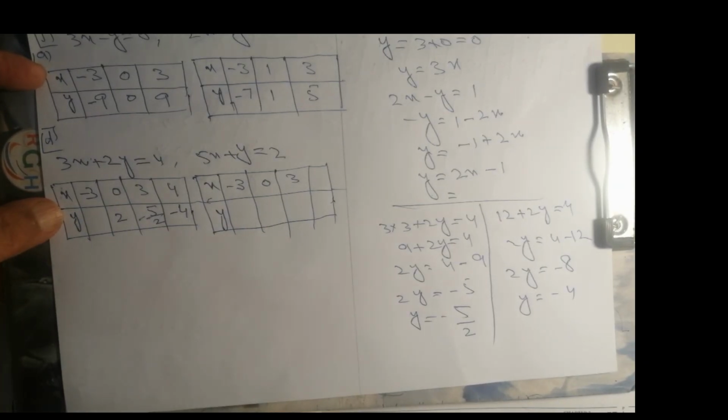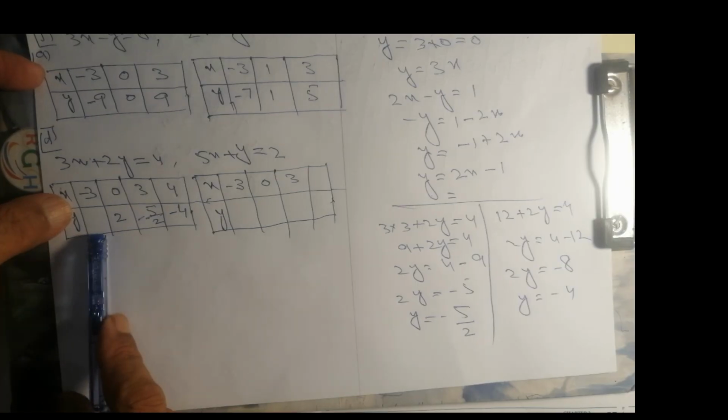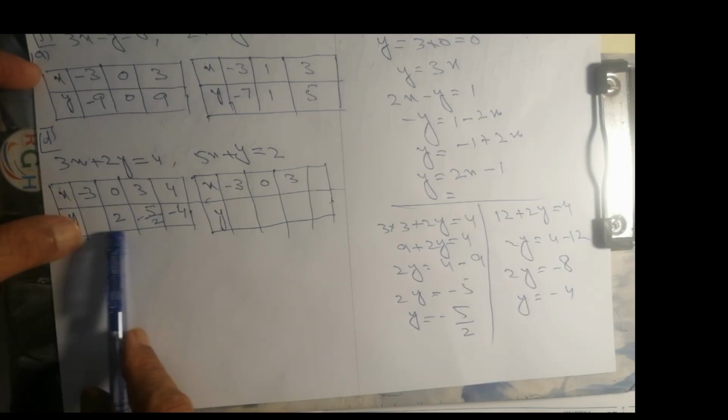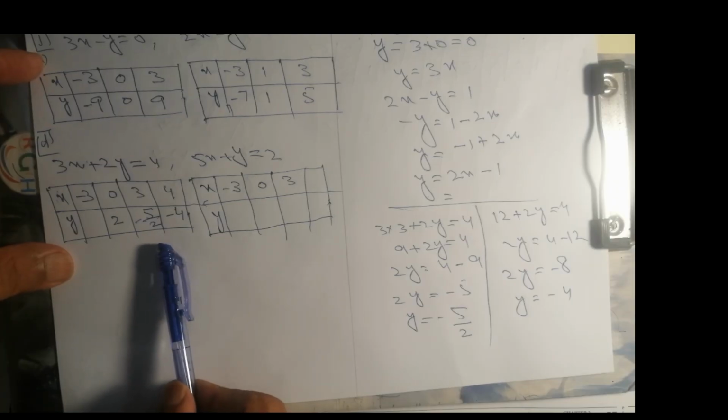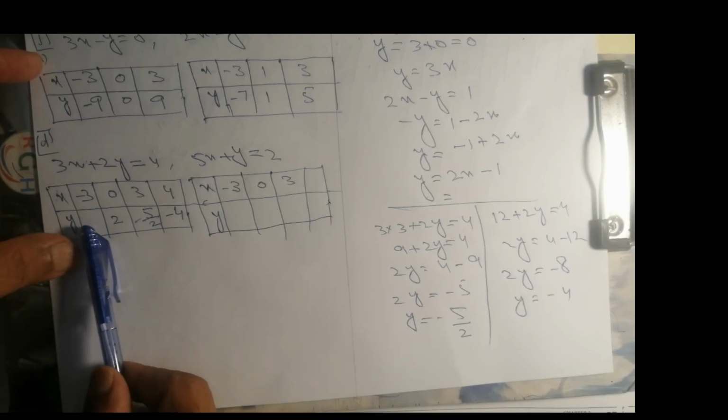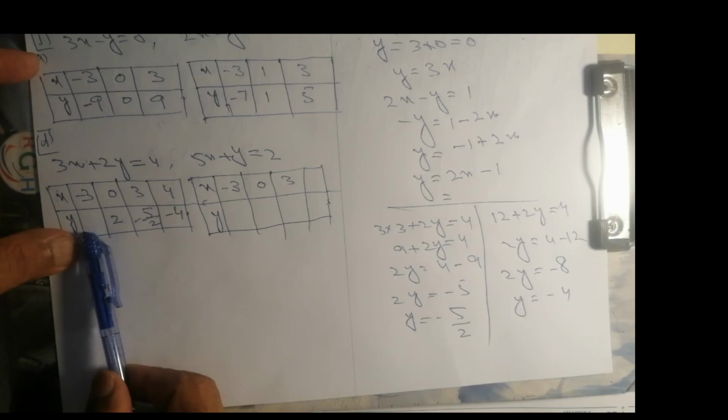And for -3, I think 3 values are sufficient, or if you want we can take -3 also.